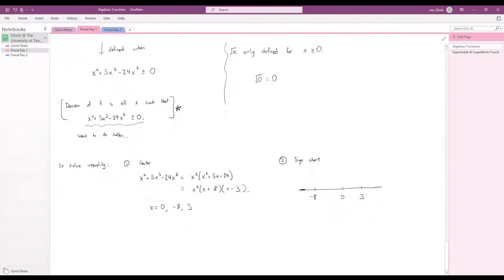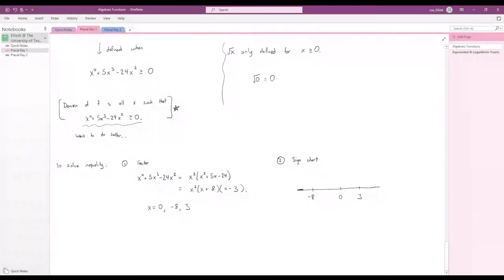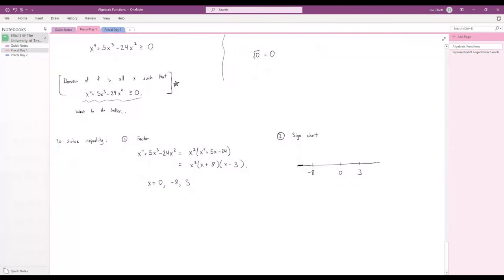At these 3 points, we know that this polynomial is going to be equal to 0. What I want to figure out is where my polynomial is going to be positive. To do that, we're going to take some test points, one in each of the intervals that this number line has been divided into.